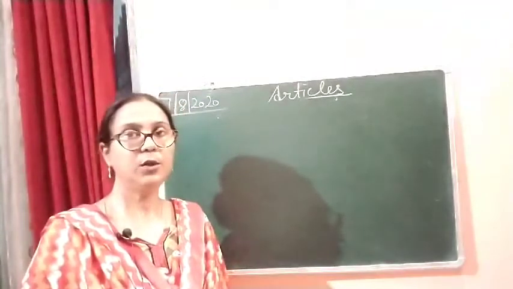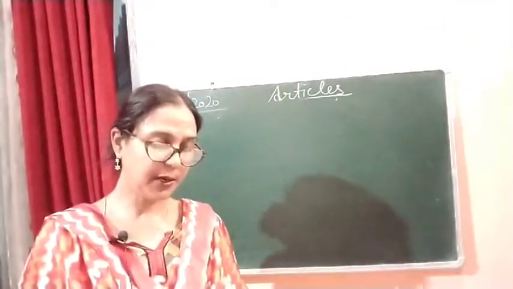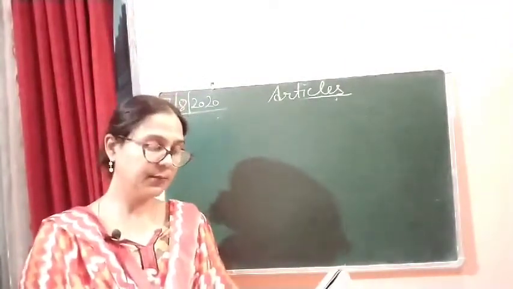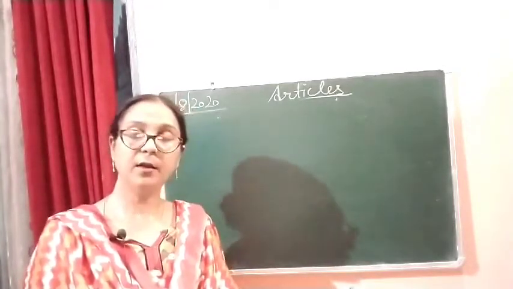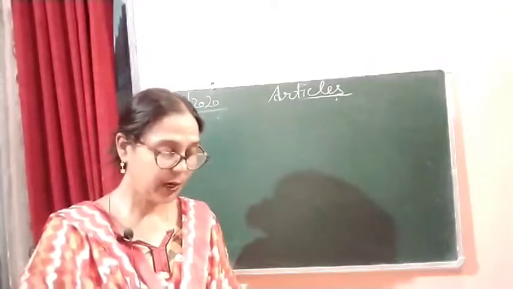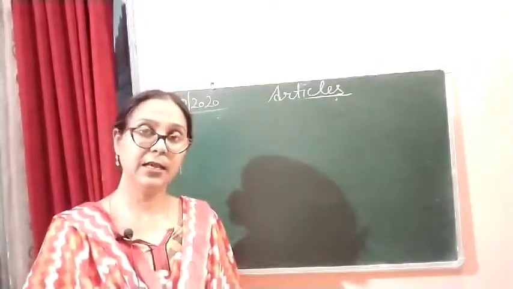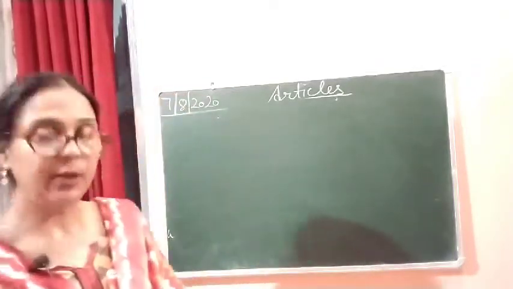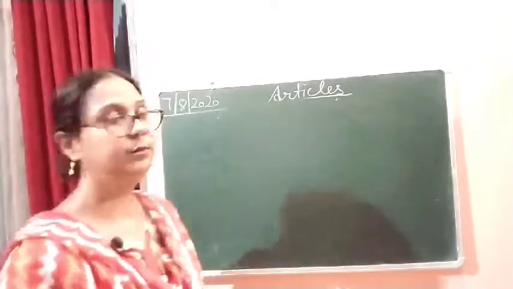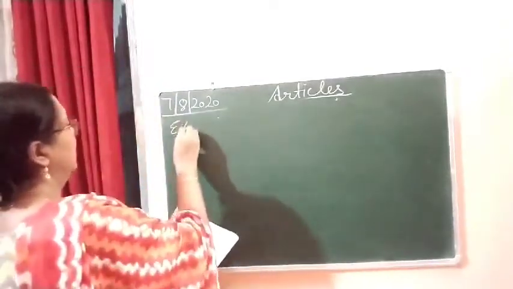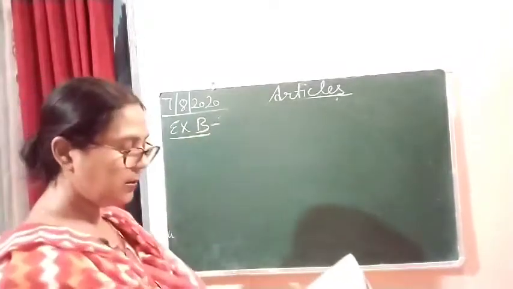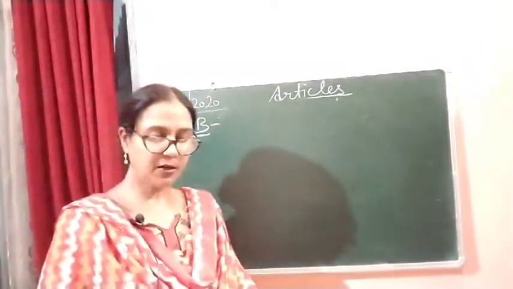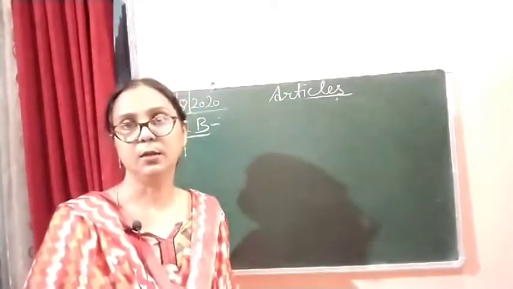Now we are going to complete the exercise which is based on these articles. Fill in the blanks with a, an and the, whenever required. So we are going to complete exercise number B, which you can find on page number 42. Exercise B. She visited dash Safdarganj's tomb last month.